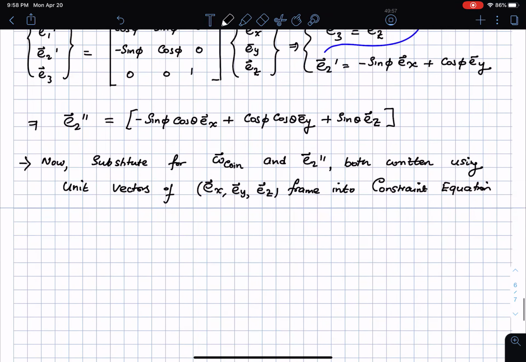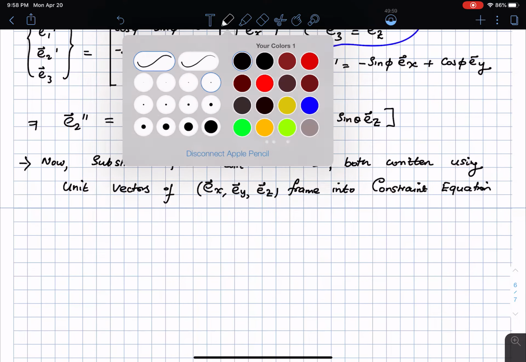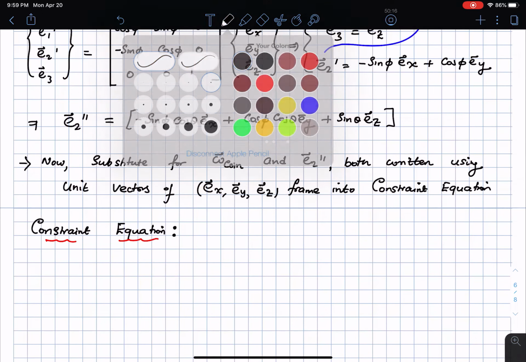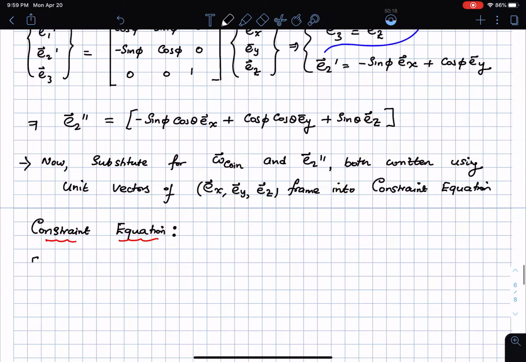Okay, and here is the constraint equation. The constraint equation was the following. I had x dot ex plus y dot ey plus z dot ez.